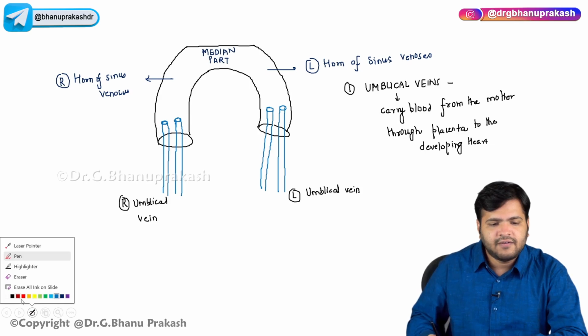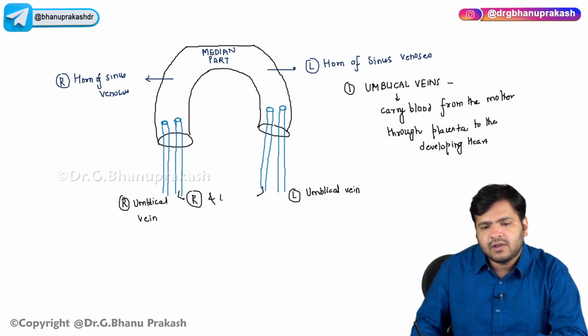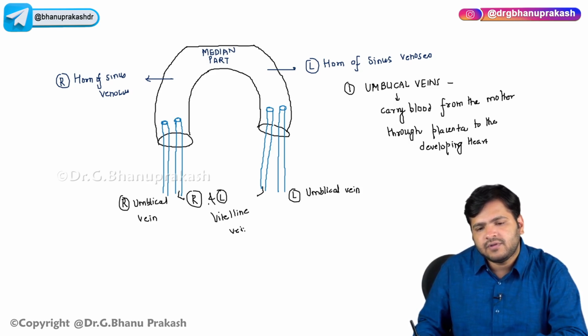So I can just write it as the right and the left vitelline vein. I'm just writing it commonly, right and left vitelline vein.